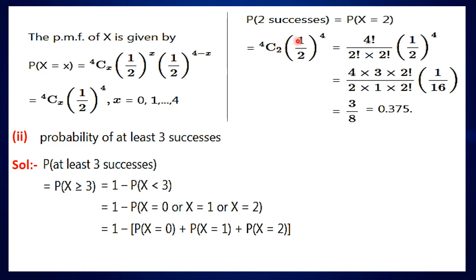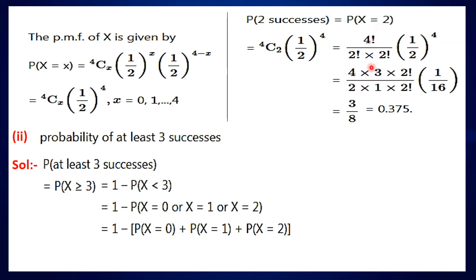So we substitute in the probability mass function x is equal to 2, that is 4C2 into 1 by 2 raised to 4, which is equal to 4 factorial upon 2 factorial into 2 factorial, that is n factorial divided by x factorial into n minus x factorial. X factorial means 2 factorial and n minus x, that is 4 minus 2, that is 2 factorial again, into 1 by 2 raised to 4.